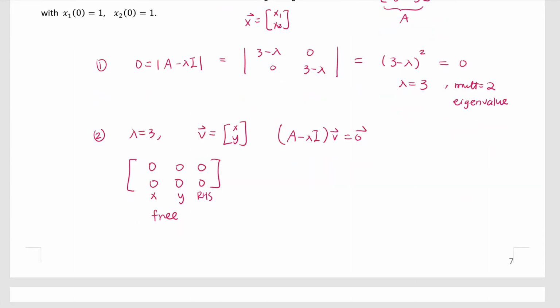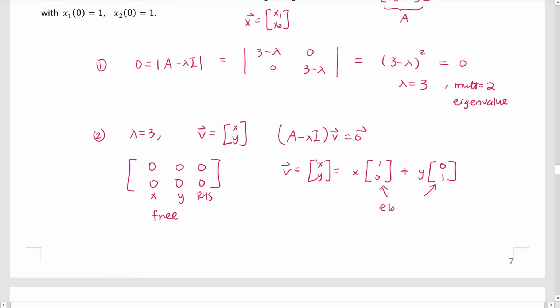It means V is then (x, y), so we can think about x times (1, 0) and y times (0, 1). The coefficient of x is (1, 0) and the coefficient of y is (0, 1). Those are both eigenvectors. See, we have two eigenvectors associated with the eigenvalue 3.